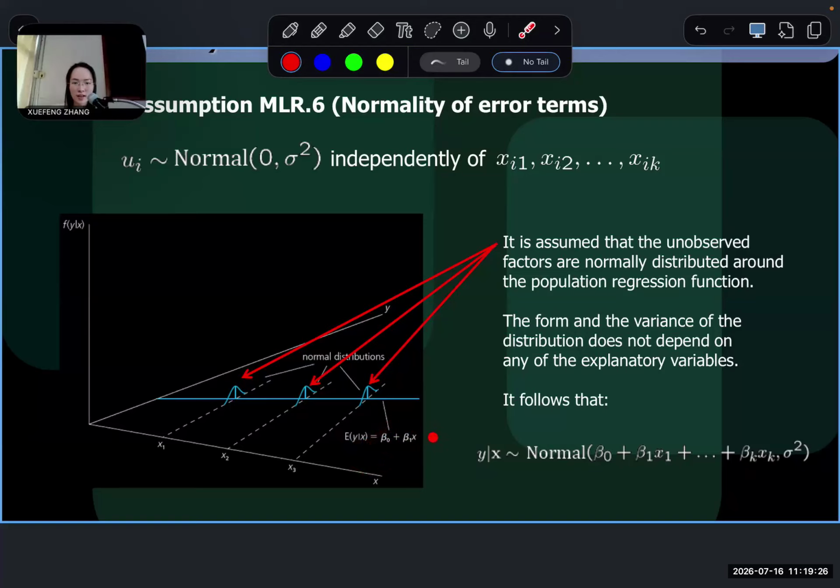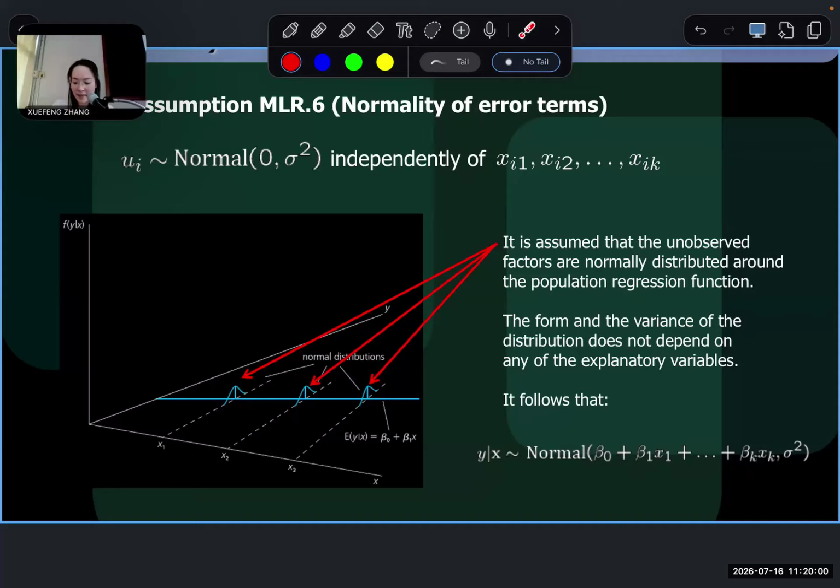Which is expected y given x equals beta 0 plus beta 1 x. This is the true one. The shape and spread of the bell stays identical, right? Identical everywhere. Only its location shifts along the line. This is really MLR5, constant variance, plus a specific shape, which is the normal distribution, combined together, right?